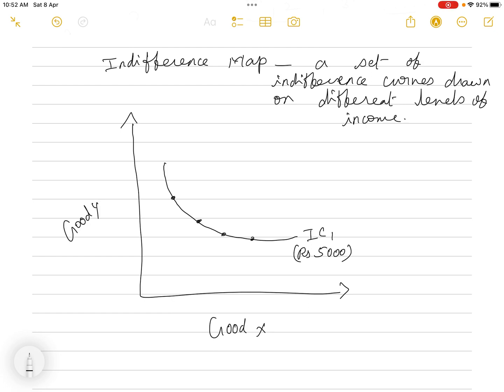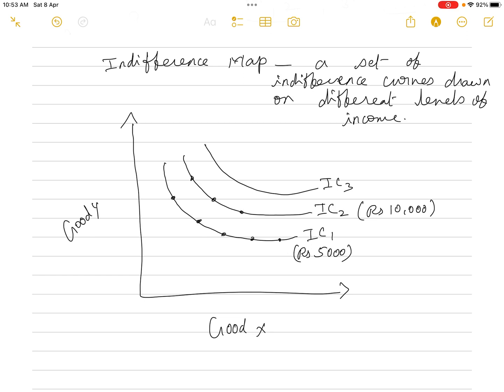So he can consume any combination, any units of commodity Y or commodity X which is lying on the indifference curve, which is going to give the consumer the same level of satisfaction. Now suppose the consumer's income increases, he can purchase more of both commodity X as well as commodity Y. So this is IC2. Let us assume this is when the consumer's income increases to 10,000.